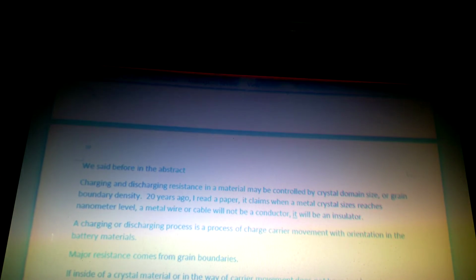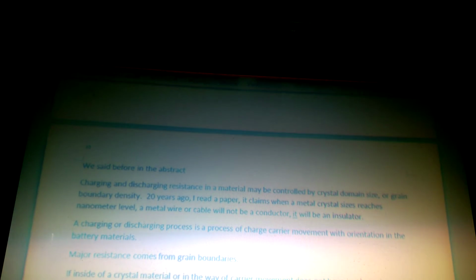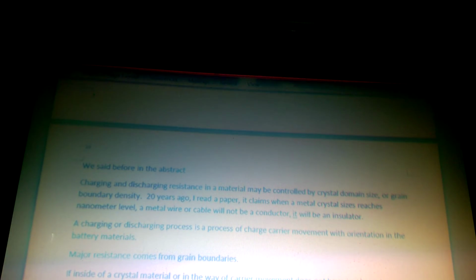We said before, in the abstract, charging and discharging resistance in the material may be controlled by crystal domain size or grain boundary density. 20 years ago, I read a paper. It claims when a metal crystal size reaches nanometer level, a metal wire or cable will not be a conductor, it will be an insulator. I think it is easy to understand.